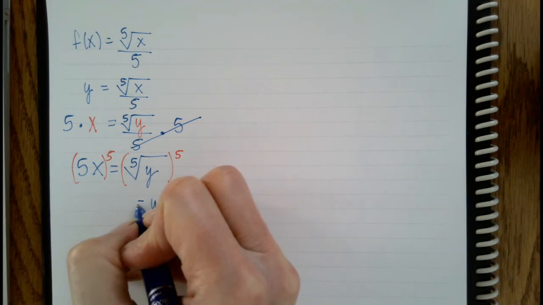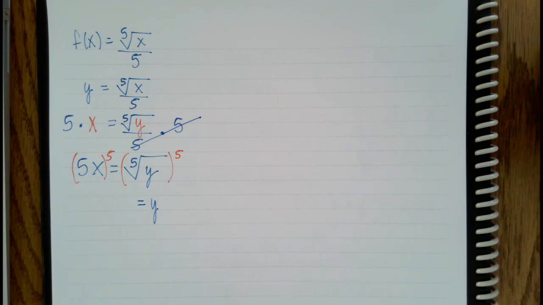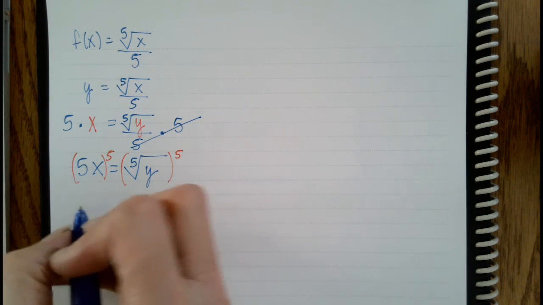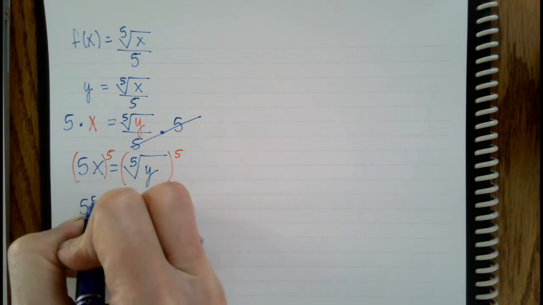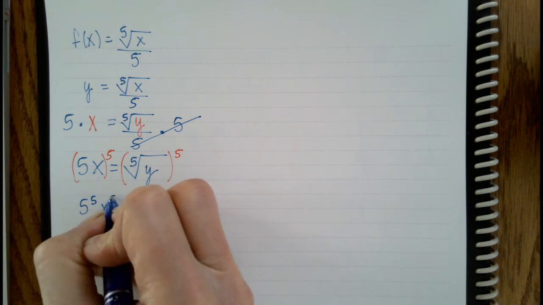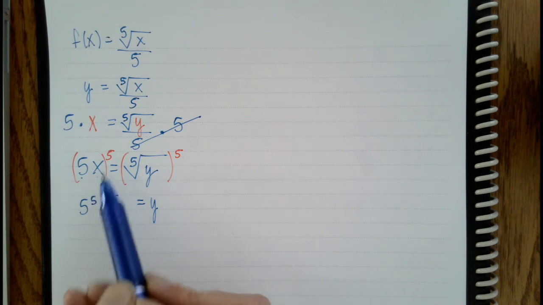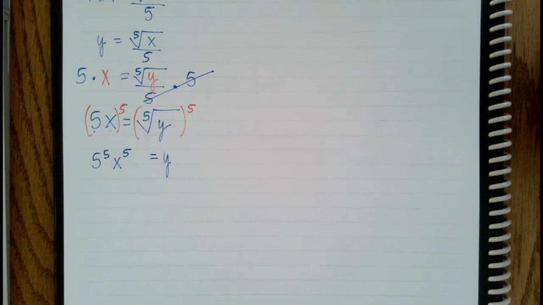We get y. But on this side, because we have something inside the parentheses raised to what's outside, it's going to be 5 to the fifth, and it also means x to the fifth. Both of these values, the 5 as well as the x, get raised to the fifth power.